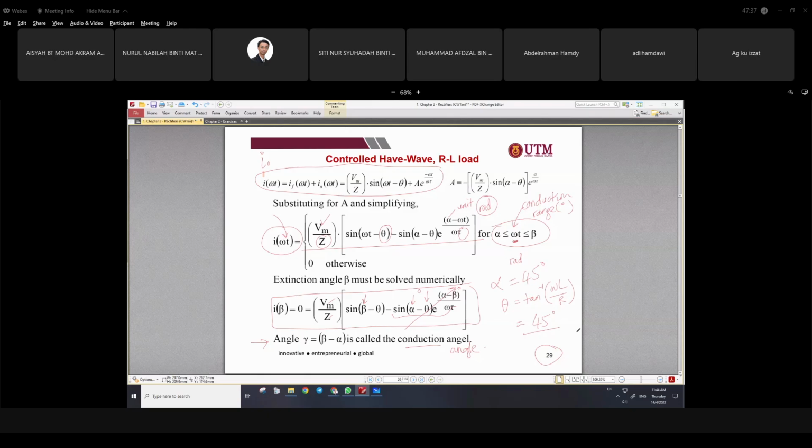Ada orang mati, ada orang mati jatuh. Ambil gambar.